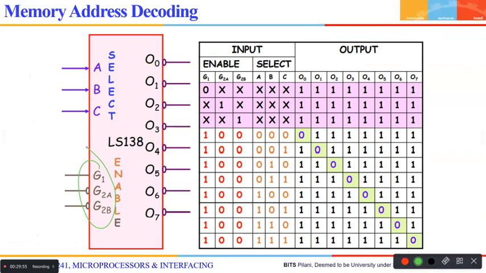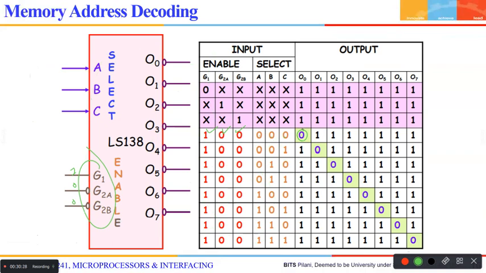Whenever you have 1 here, 0 here, 0 here. Yes or no? Only then is whatever I said going to happen. See the truth table here. Whenever you have 1 here, 1 here, 0 here and 0 here, and you give ABC 0, 0, 0, see your O0 is going low, all others are high.